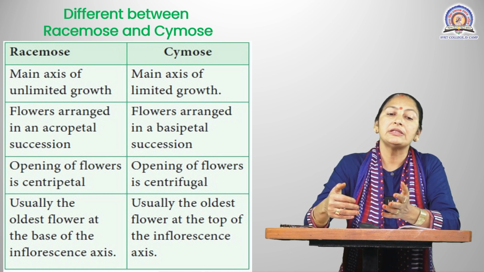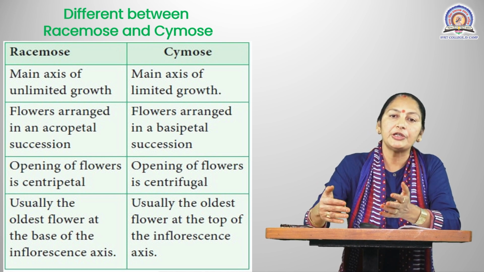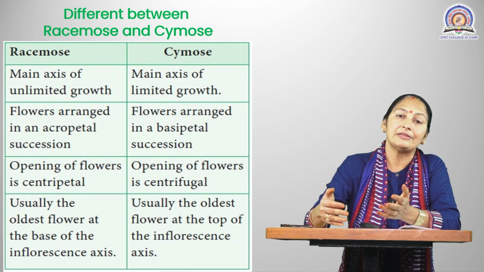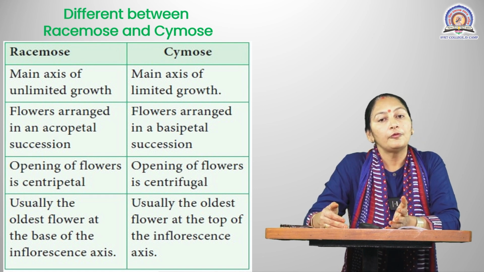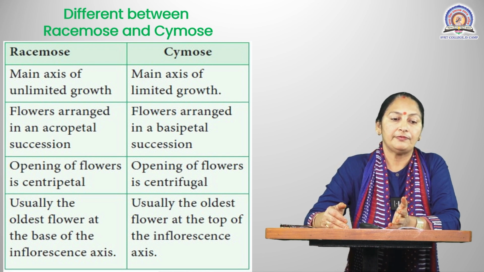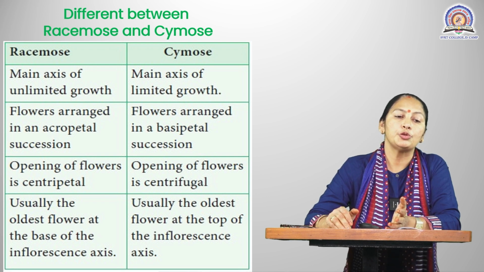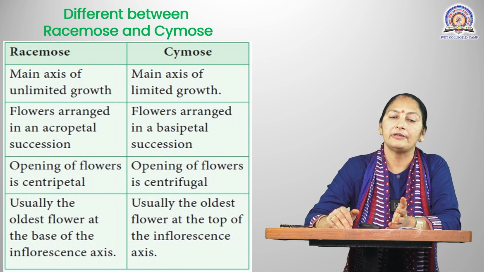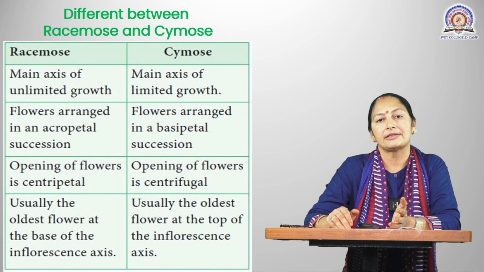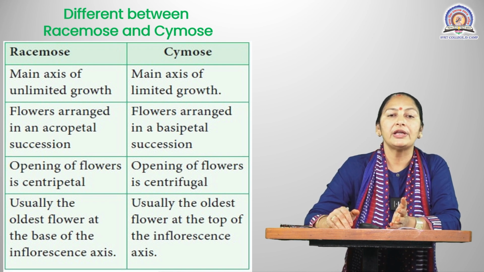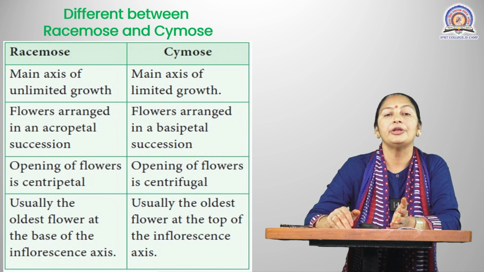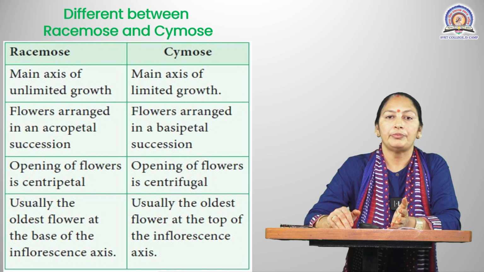That's why this arrangement of the floral axis is known as the centrifugal type of floral arrangement, and this type is known as the cymose type of inflorescence. And the last difference between the racemose and cymose: usually in racemose the older flowers are at the base of the inflorescence axis, and in exact opposite cymose, usually the oldest flowers are at the top or the apex side of the floral axis in the inflorescence.